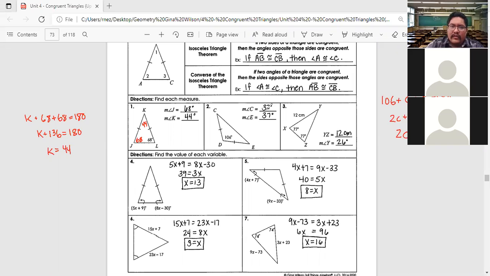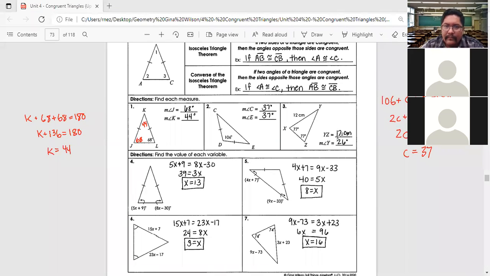Now I have 74 degrees to split between these two angles, angle C and angle E, which are the same angle, which is why I just used one variable for that. If I divide 74 by 2, well, I already know what it is. We can see it. But that's how they got those 37 degrees.